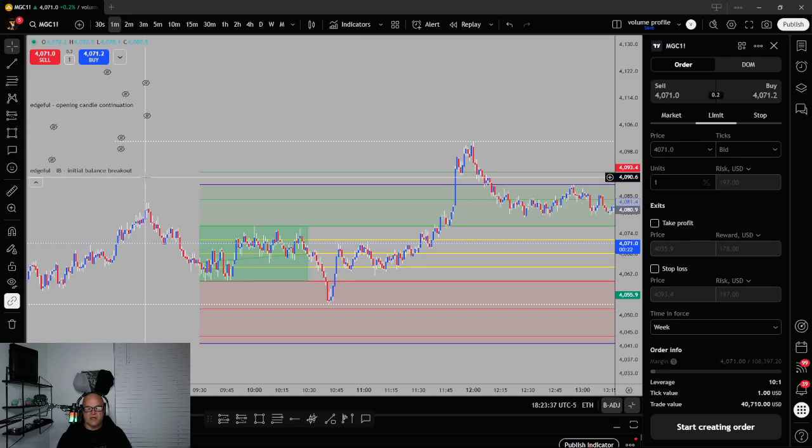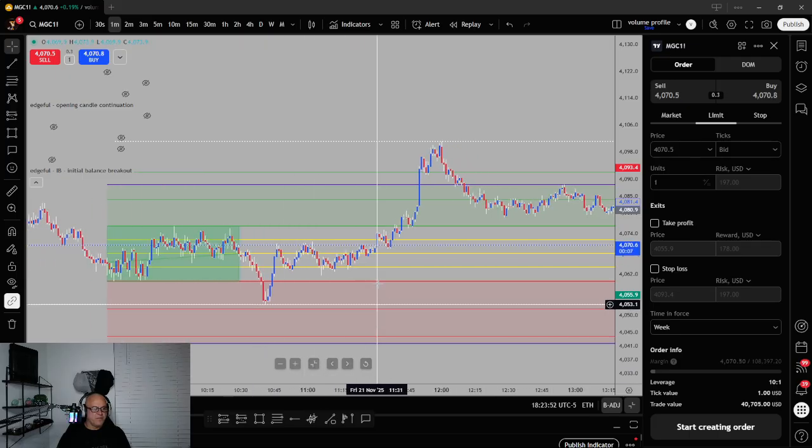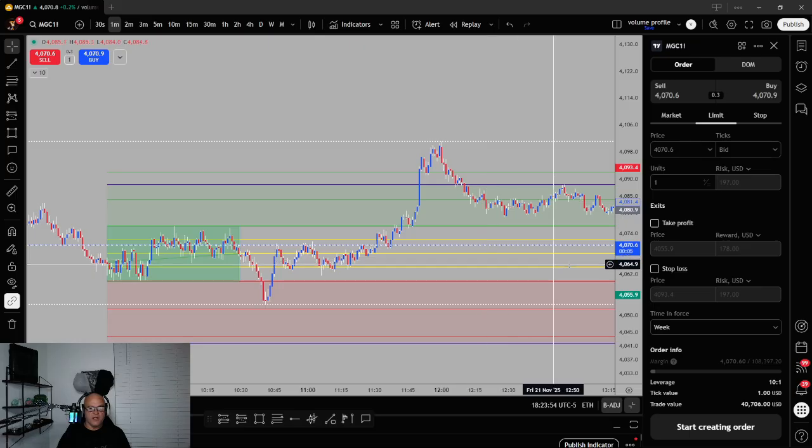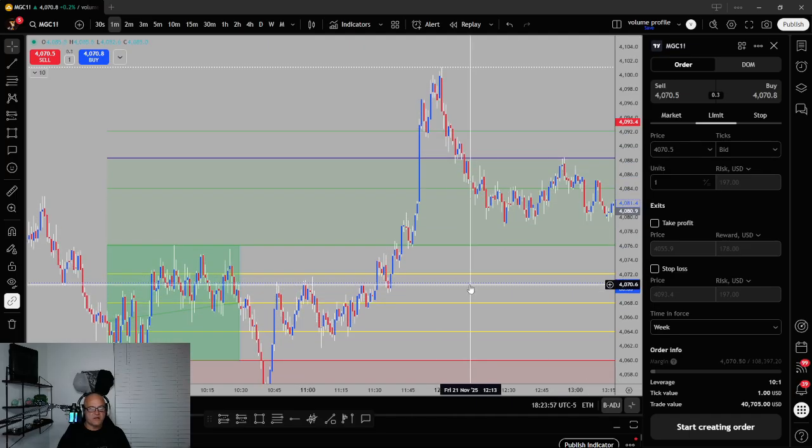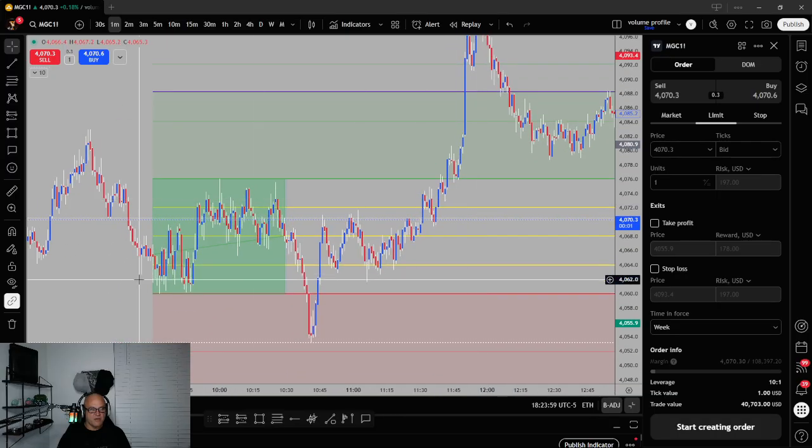All this is doing is measuring the first 1 hour candle, okay? And it's going to tell me if that first 1 hour candle is green or if it's red, okay? So you can see this diagonal line here. That is the indication of the opening price and the closing price of the first hour candle, okay?